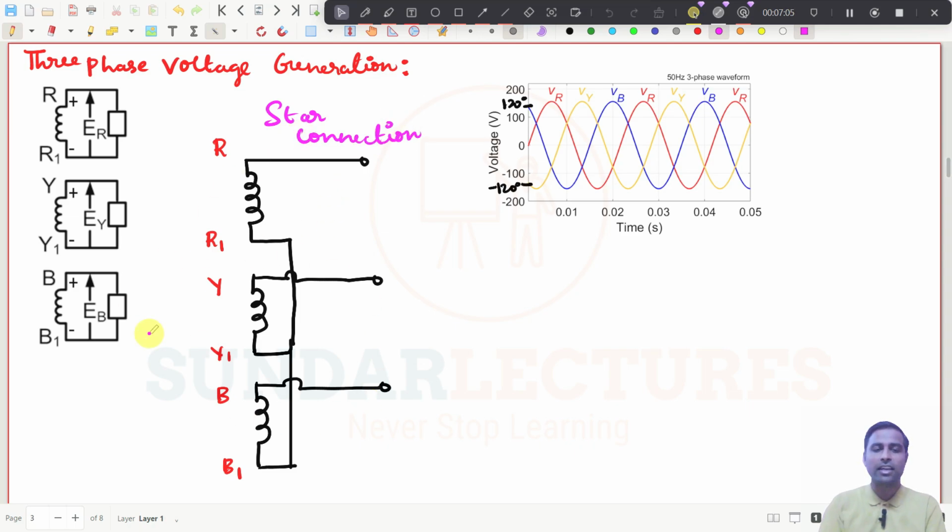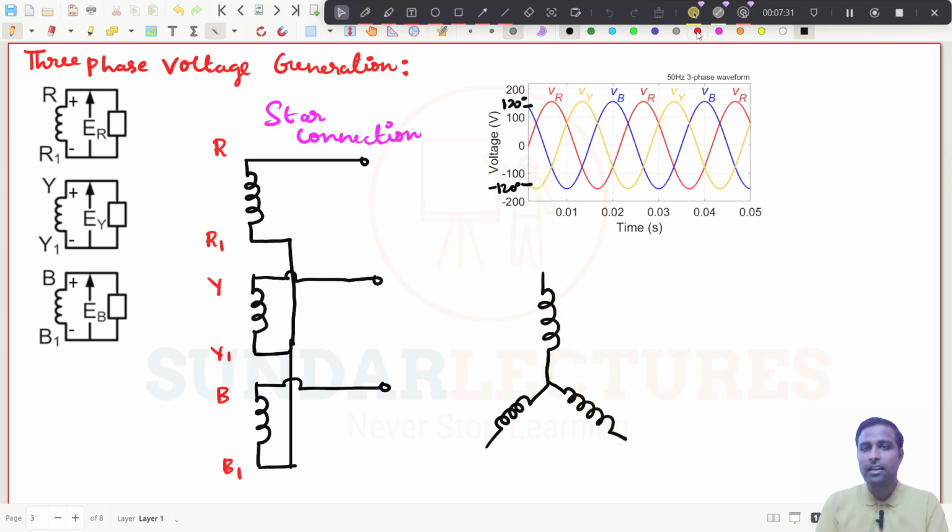See, this connection I can redraw in a different way. Right? This one. This will be like this. One phase. And then you can draw another phase like this. Maybe like this, and then you draw another phase like this.